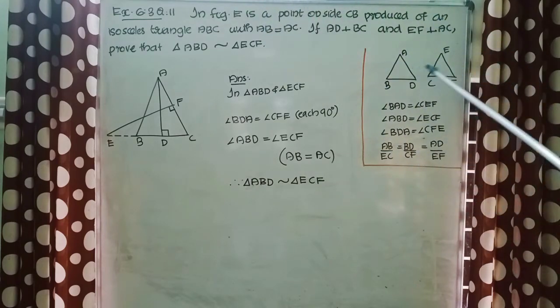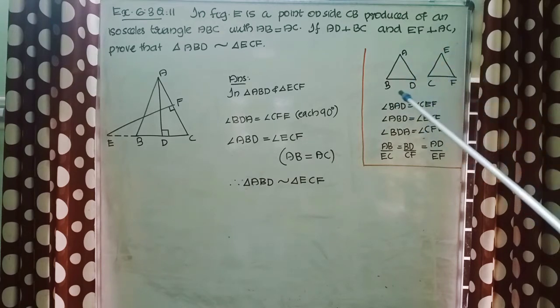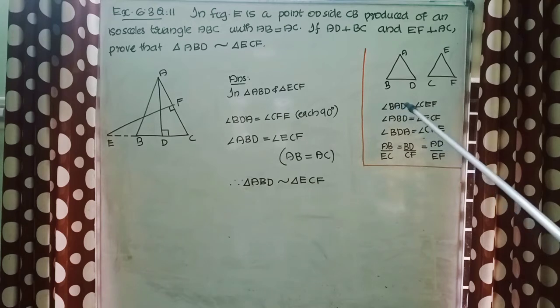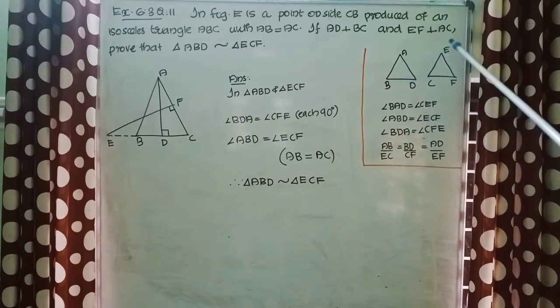So I have drawn two triangles named ABD and ECF, and I have written the corresponding parts. Angle BAD equal to angle CEF, angle ABD equal to angle ECF, angle BDA equal to angle CFE, and AB by EC equal to BD by CF equal to AD by EF.